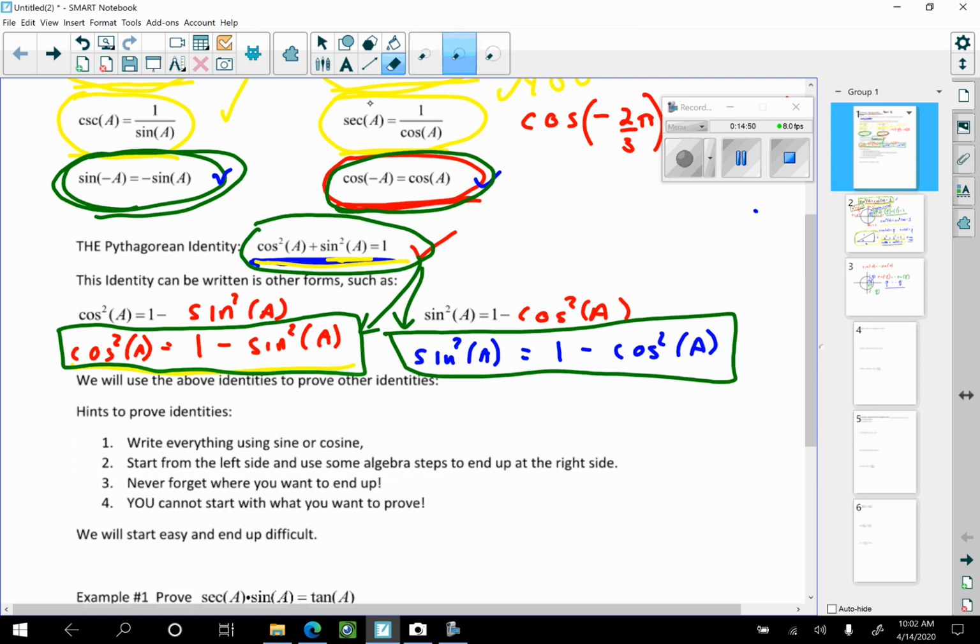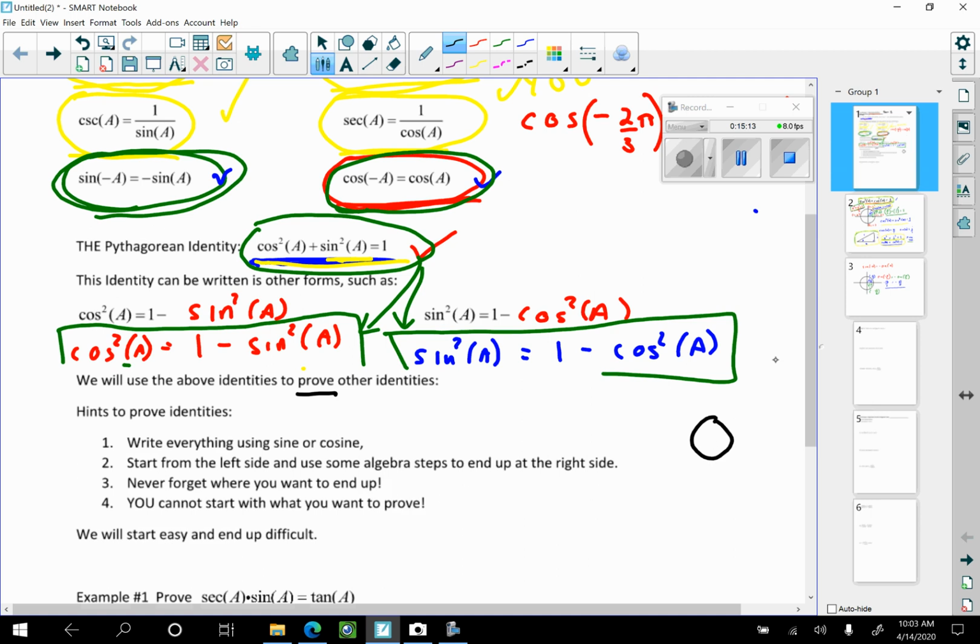Look at what we're going to do here. This is not going to be very fun for a lot of people, but still necessary. We're going to use these identities to prove other identities. And I will tell you, this is very uncomfortable for a lot of students, and a lot of students are going to have this look.